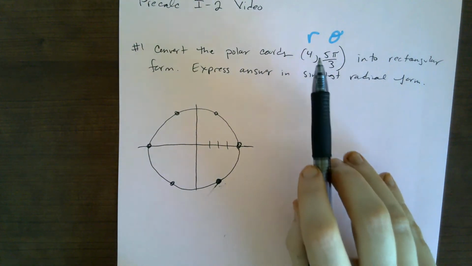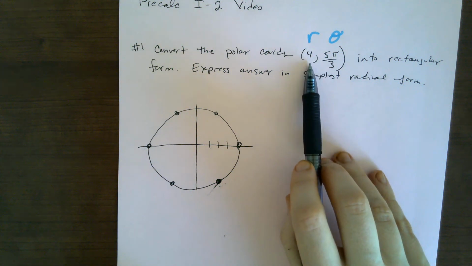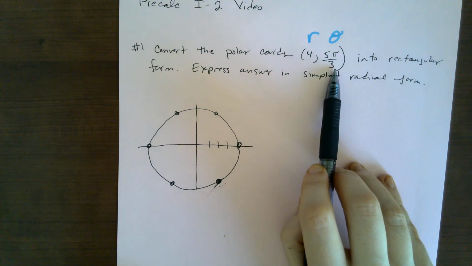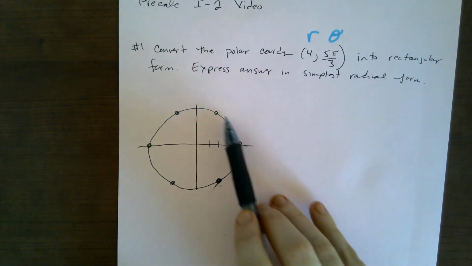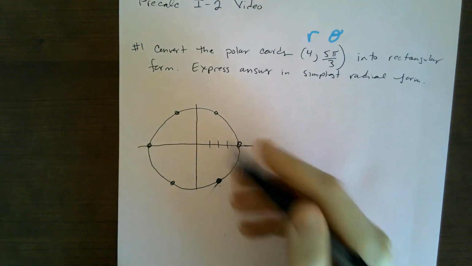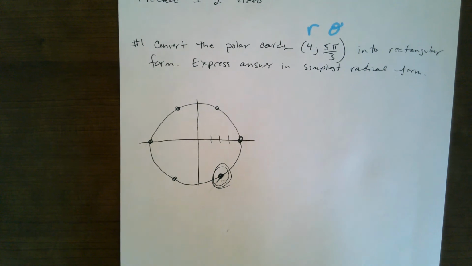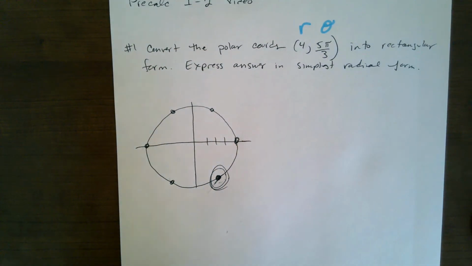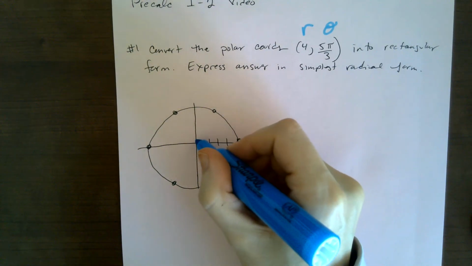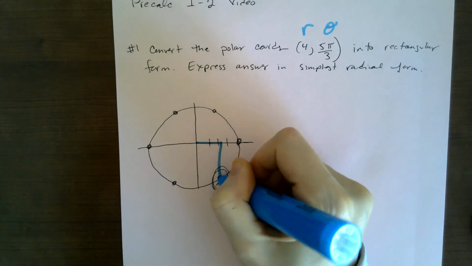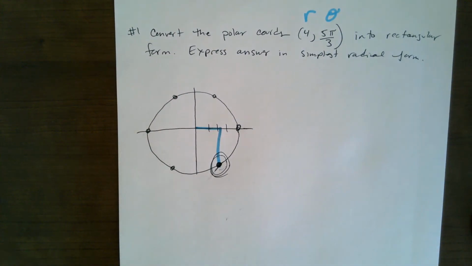These coordinates tell me to be on a circle of this size and then to travel this much from the initial point. So 1, 2, 3, 4, 5. So this is the point right here. But what we want to do is figure out how many right and how many down would make us land at the same exact point, okay?